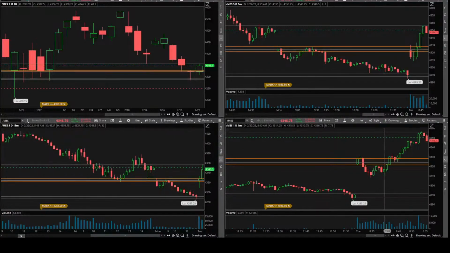Almost to my first target. I'm going to buy a little bit right here, a third of it. So just back a third. NASDAQ putting in a really nice wick.